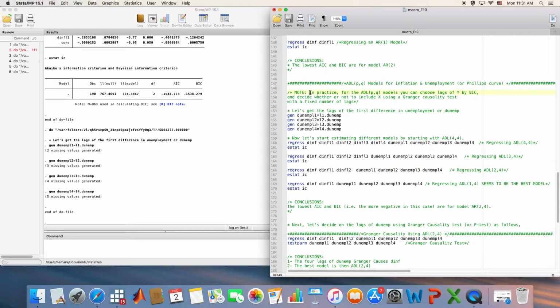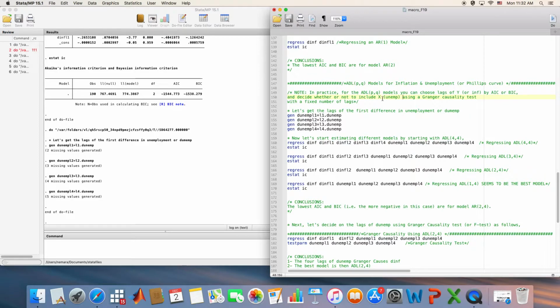This is a very important note: in ADL(P,Q), you can choose the lags of Y, which is the lags of inflation in our case, by BIC or AIC, okay? And then decide whether or not to include X, which is unemployment in our case, by Granger causality.